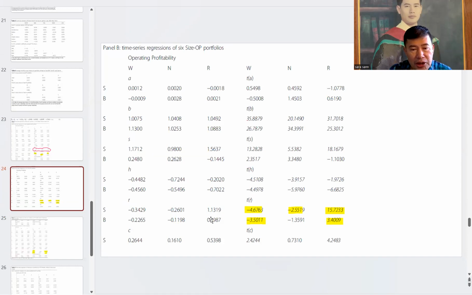This is the relation between return or operating profitability. There are two. Okay, it affects excess return on any size to return on investment. Okay, there are two.